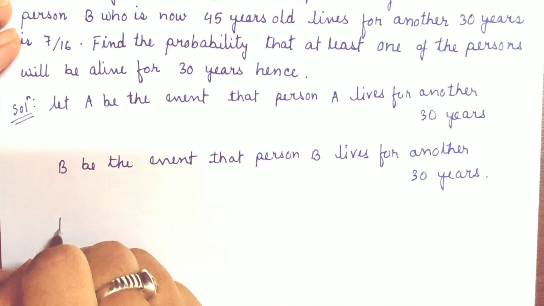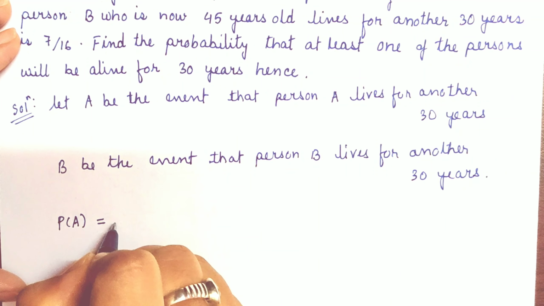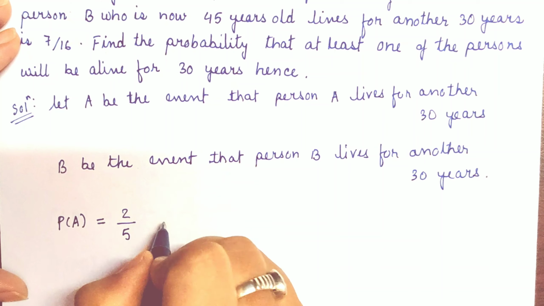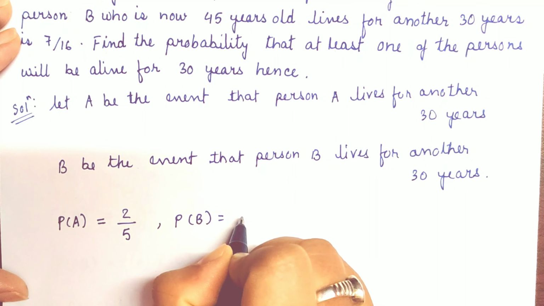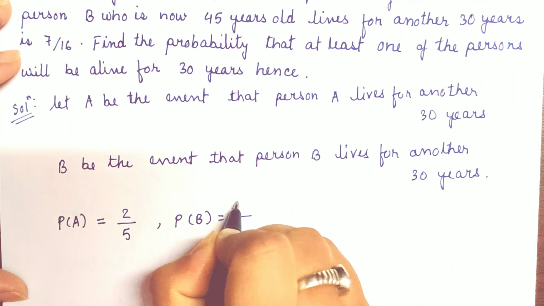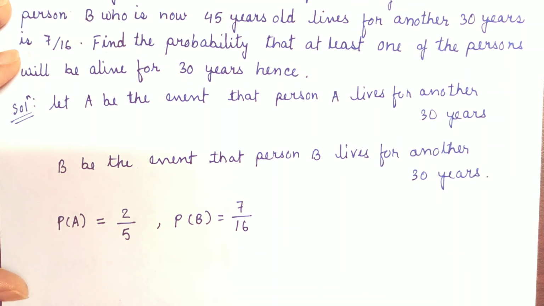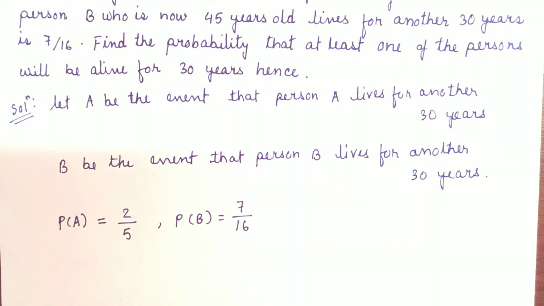It is given that the probability of A is equal to 2 by 5, and the probability of B is equal to 7 divided by 16. You have to find out at least.